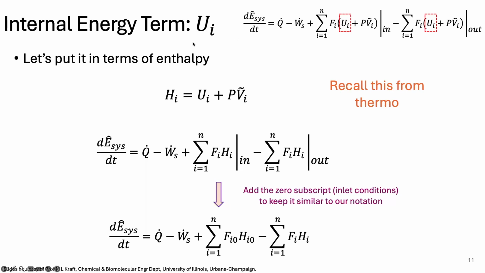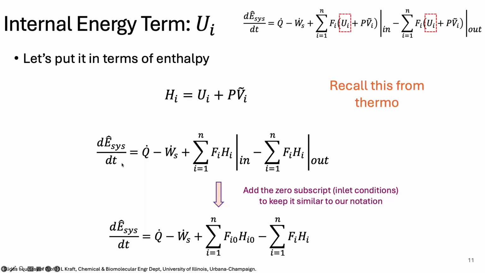Our internal energy term, U sub I, we can also rewrite in terms of enthalpy. If you recall from thermodynamics, the enthalpy is equal to the internal energy plus P sub I V sub I. And then incorporating that into our energy balance, these terms then cancel.